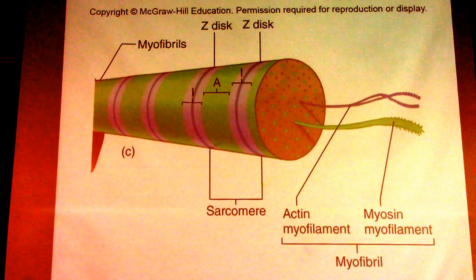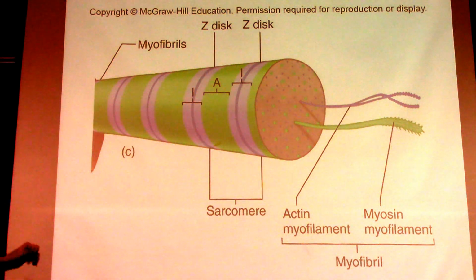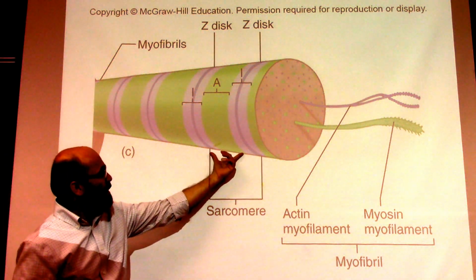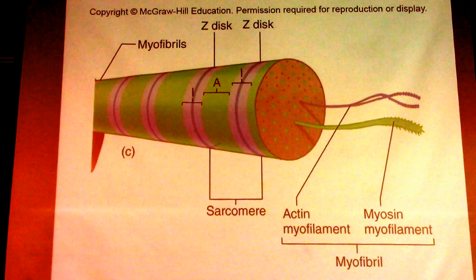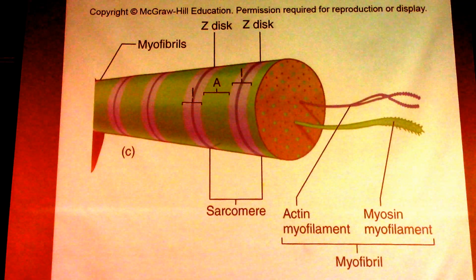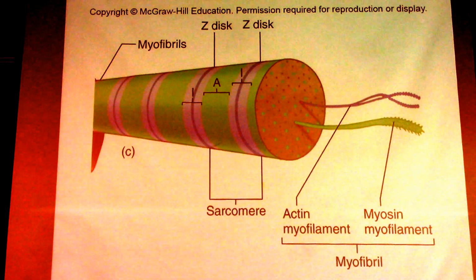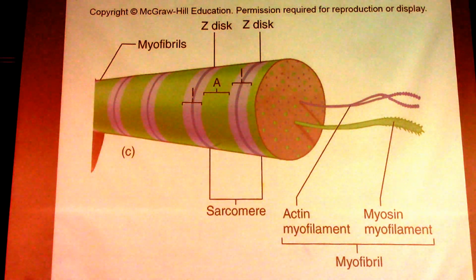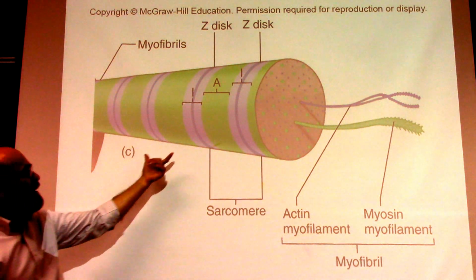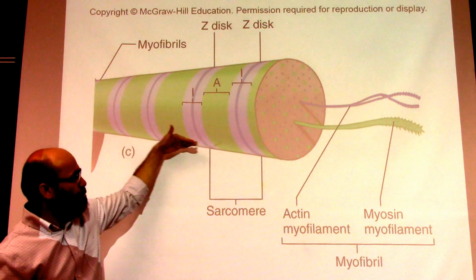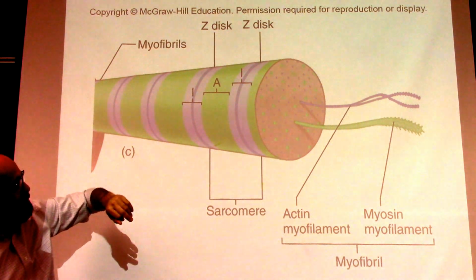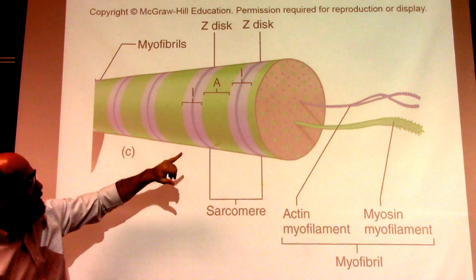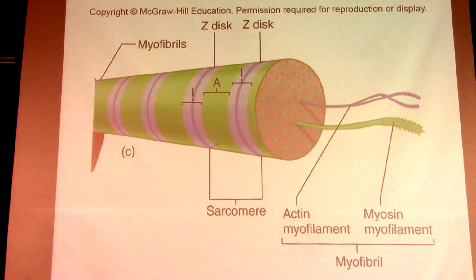Both of those are located inside, and inside they are divided into small units of contraction, which are called sarcomeres. So each myofibril is divided into these small sections based on those two proteins. In this case, actin protein is shown in purple color, and green color is myosin protein.